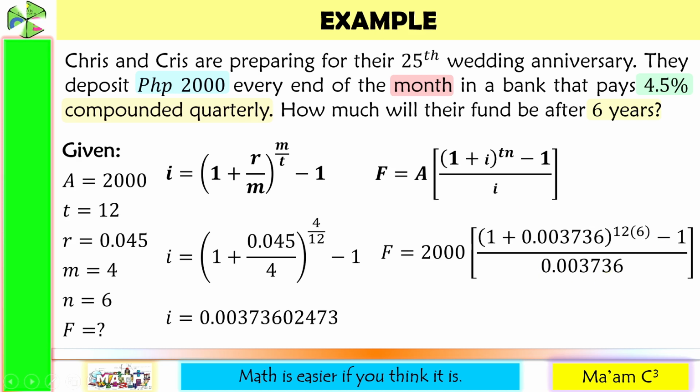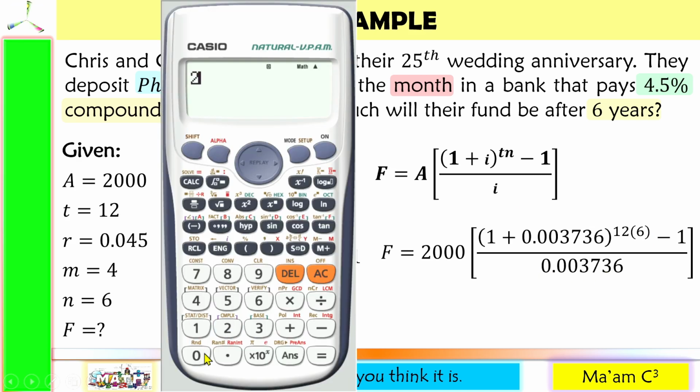Let us use again our calculator. We have 2,000, open parenthesis, fraction bar, open parenthesis, 1 plus 0.003736. Close parenthesis, exponent is 12 times 6.